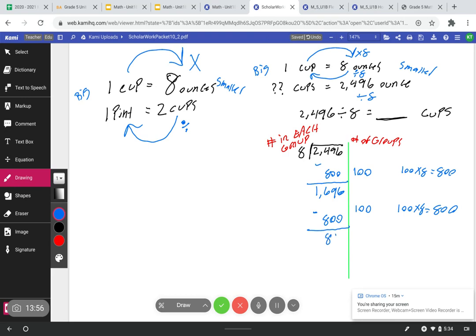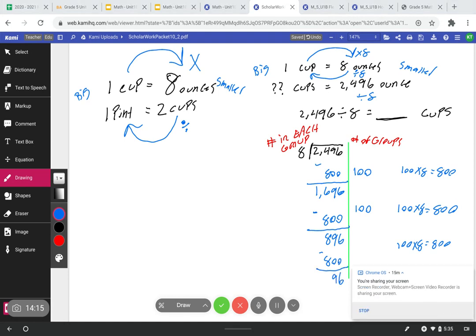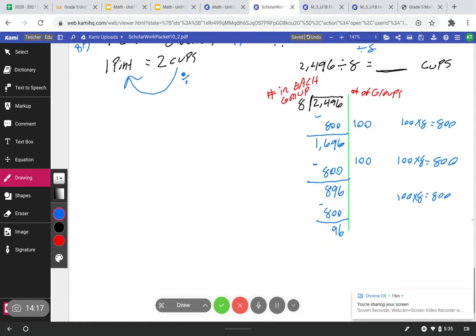So I'm going to have 896 left over. Y'all, that's really close to our friendly 800. So let's do another 100. See what happens. So 896 minus 800, 96. What's another friendly number that is close to 96?